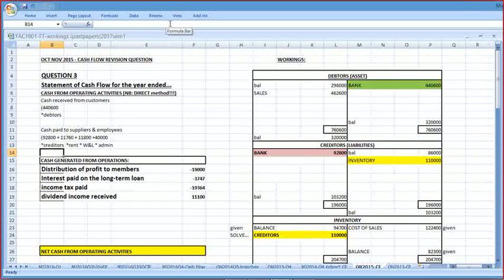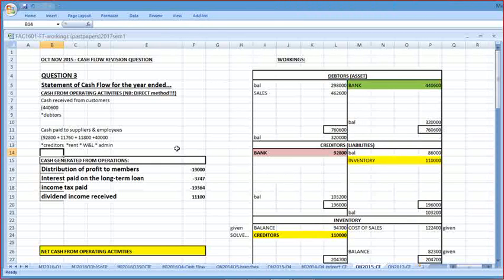Next. Okay, depreciation we don't need. Why? It's the direct method. Yes, and it's also non-cash. Next. Salaries and wages. Would that be financing or operating? Operating. Yes.